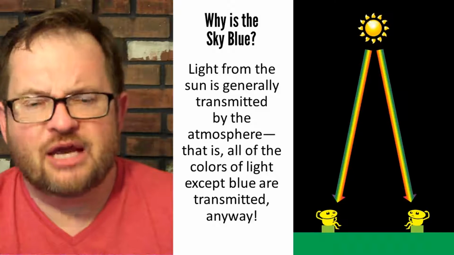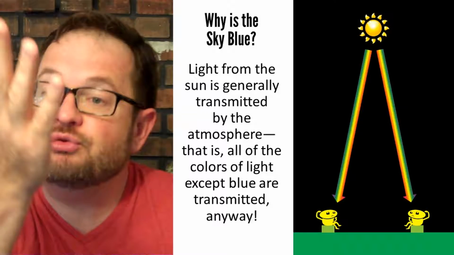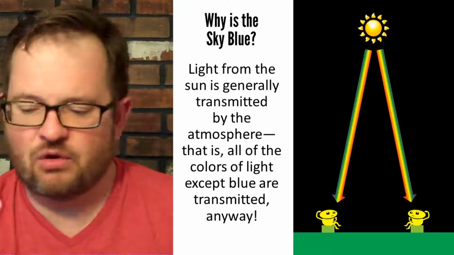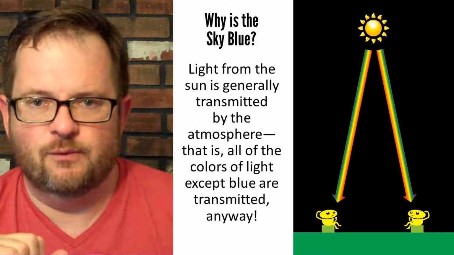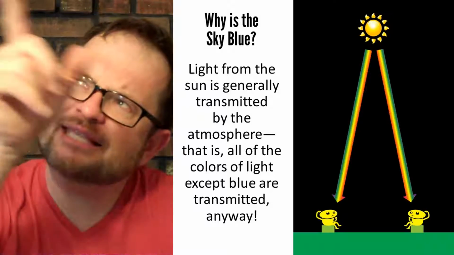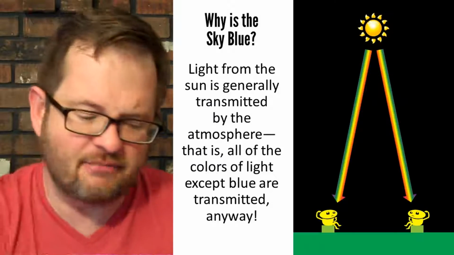And if we actually looked up at the sun, we would see that the radiation coming from the sun through all the atmosphere contains photons of green and indigo and yellow and all the colors of the rainbow except blue. So if I had some instrument and I could point it up at the sun, I'd see all these photons of all these different colors of light, but not blue.